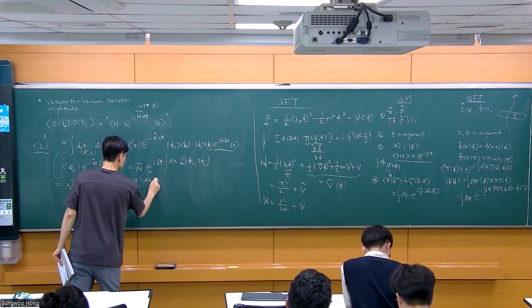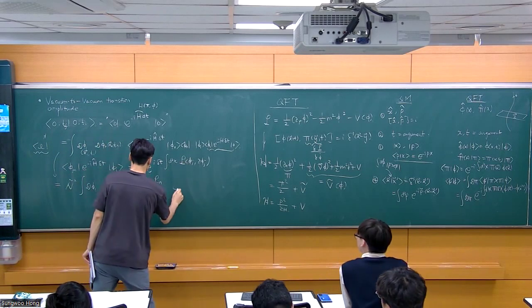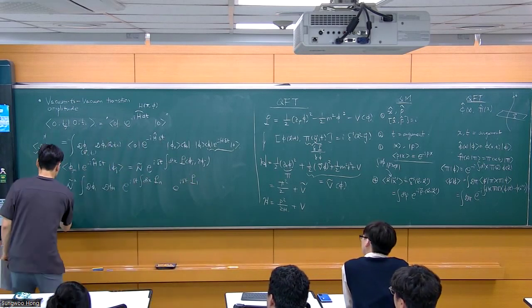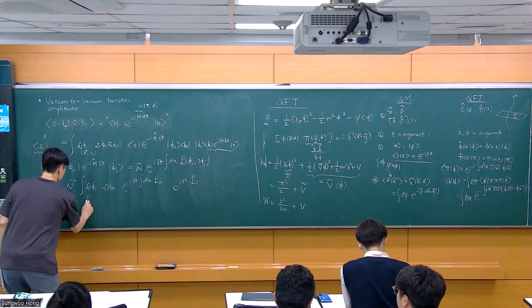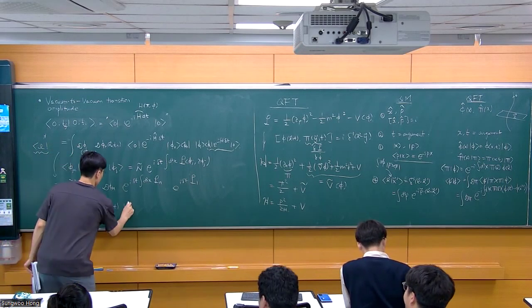Let me just say L sub n to say that this is line 5. So therefore, this turns into all possible field configurations, and then this is finished.